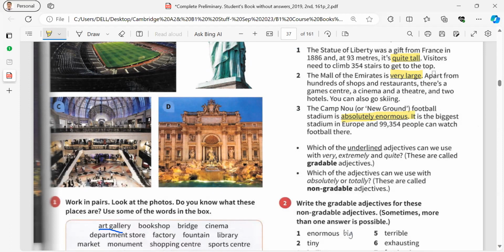Which ones are gradable and which are non-gradable adjectives? As I told you, the first two examples, tall and large, are gradable. How do you know they are gradable? Because here, quite, very. But non-gradable adjective, enormous. Here you can say absolutely.